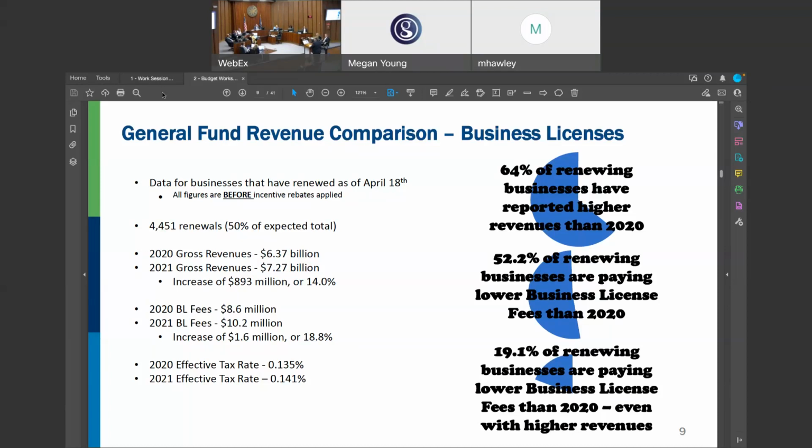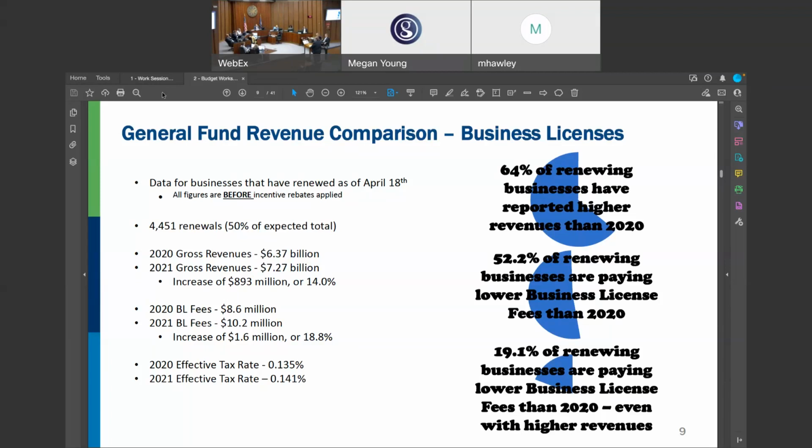So just a few stats here. The business license fees, again, this is information current as of last week. Collected so far this year, we're about 18.8% higher than last year. The effective tax rate went from 0.135 to 0.141%.